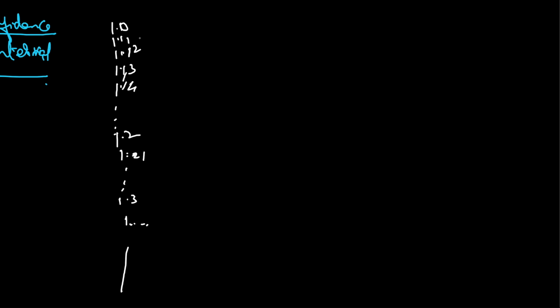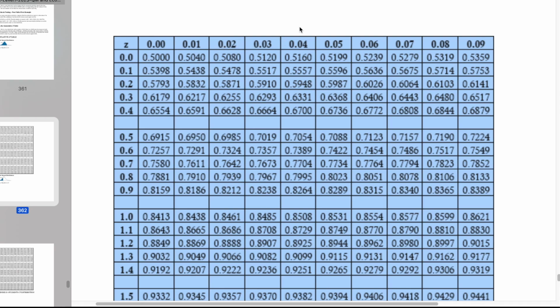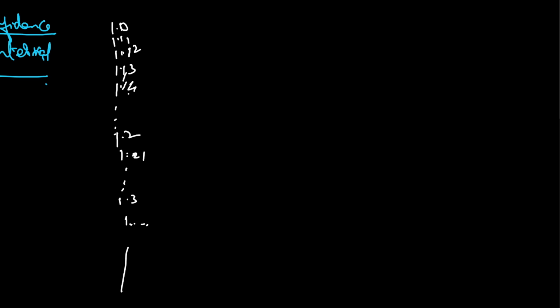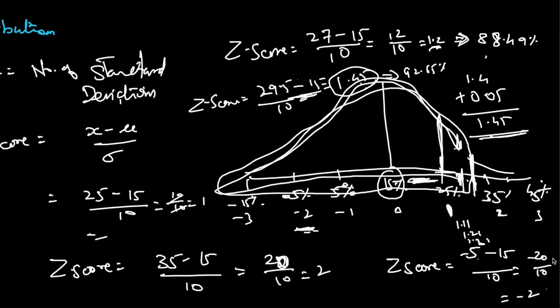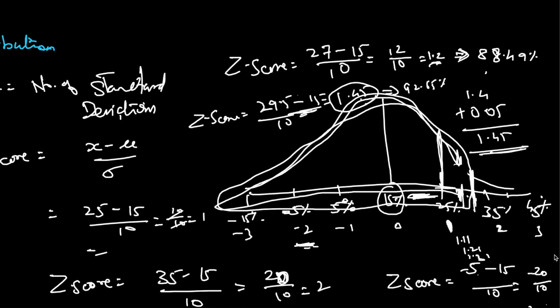So what they have done is put some numbers on the left hand side, some on the right hand side, and clubbed them together. So it is purely to save space, nothing else. This is how you are supposed to use the z score, and with the z score you find out the probability.